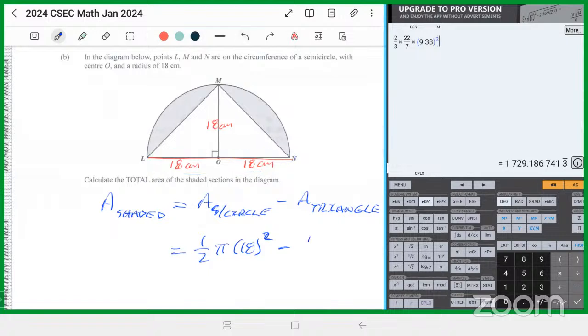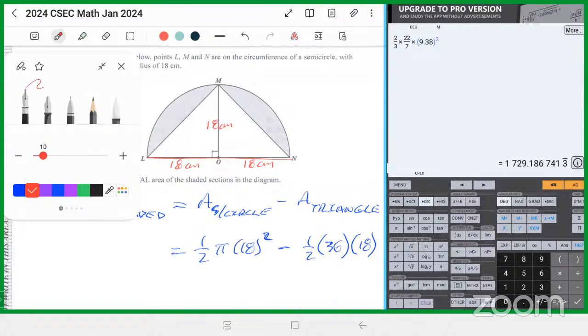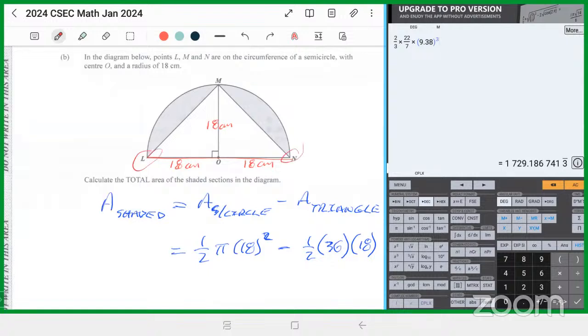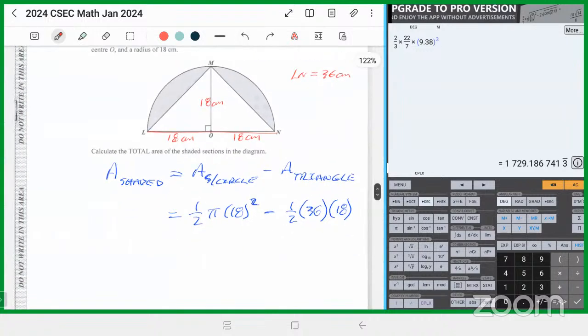So half the base, which is 36, 18 and 18 is 36, times the height of the triangle, which is still 18. All right, so the base of the triangle is 36, and I want to write that LN is 36 up here, which is the base. And then we'll just put this in the calculator.